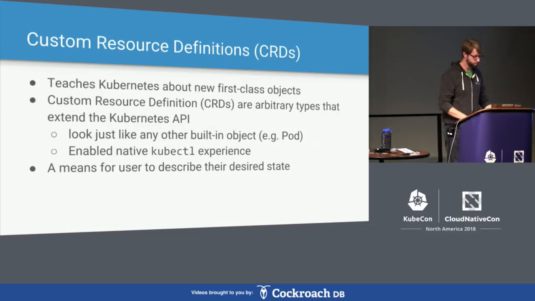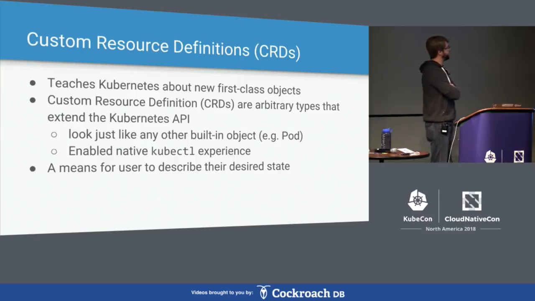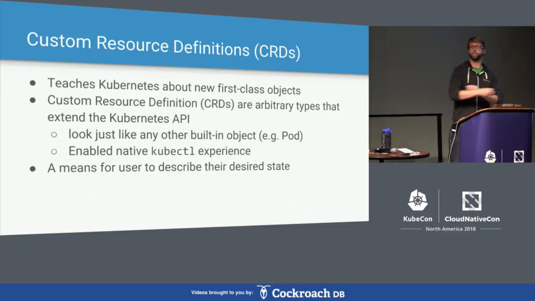Another important piece of background information is custom resource definitions. CRDs are becoming much more popular now. It's more of a common term than it was a couple of years ago. Basically what CRDs let you do is define your own custom types.